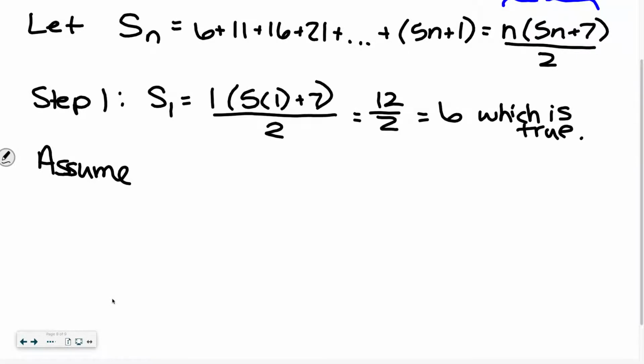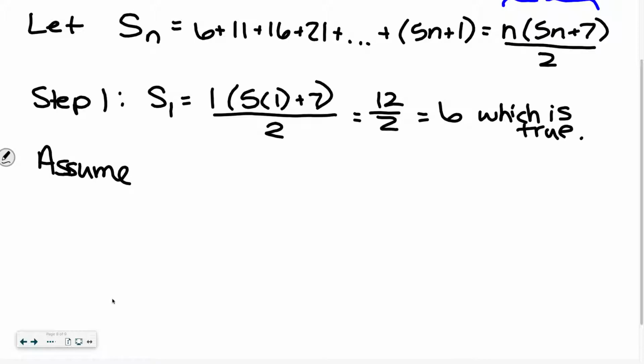For the assume step, remember we want to basically test every single number, but not have to test every single number. So we're just going to call every single number k. It doesn't matter if it's the 5th and the 6th term or the 20th and the 21st term. We're just going to call it k and k plus 1.